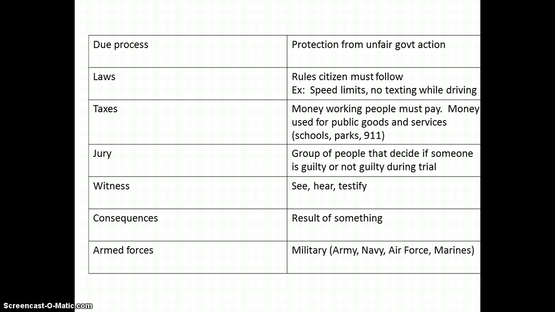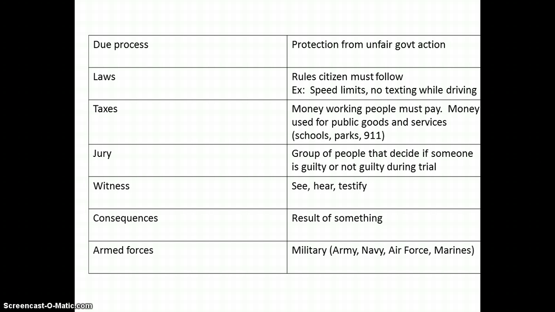Taxes. Taxes, that's money working people must pay. This money is used for public goods and services. For example, schools, parks, 911, all of those things are paid for with tax dollars. A jury is a group of people that decide if someone on trial is guilty or not guilty.